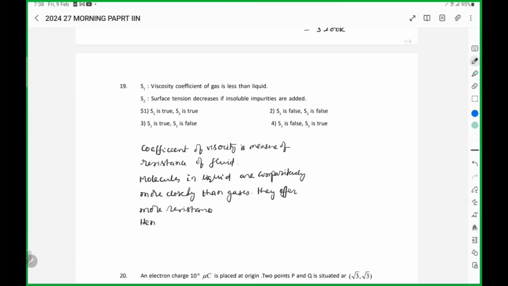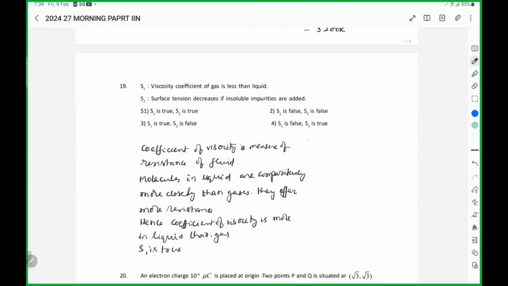So hence the first statement: the coefficient of viscosity is more in liquid than in gas. So S1 is true.